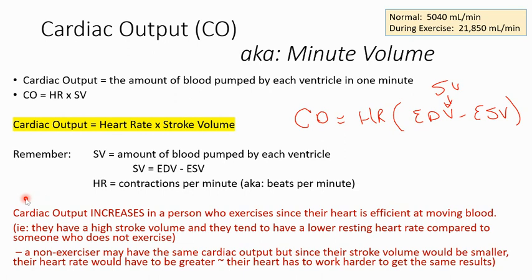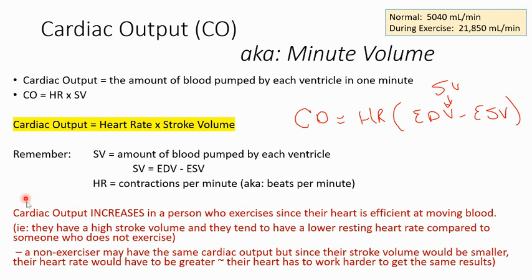If you understand what's going on with cardiac output, then it doesn't matter what question I ask, you can reason your way to the right answer instead of memorizing all the different possible scenarios. It's a lot less work if you really understand cardiac output and its relationship to the heart.